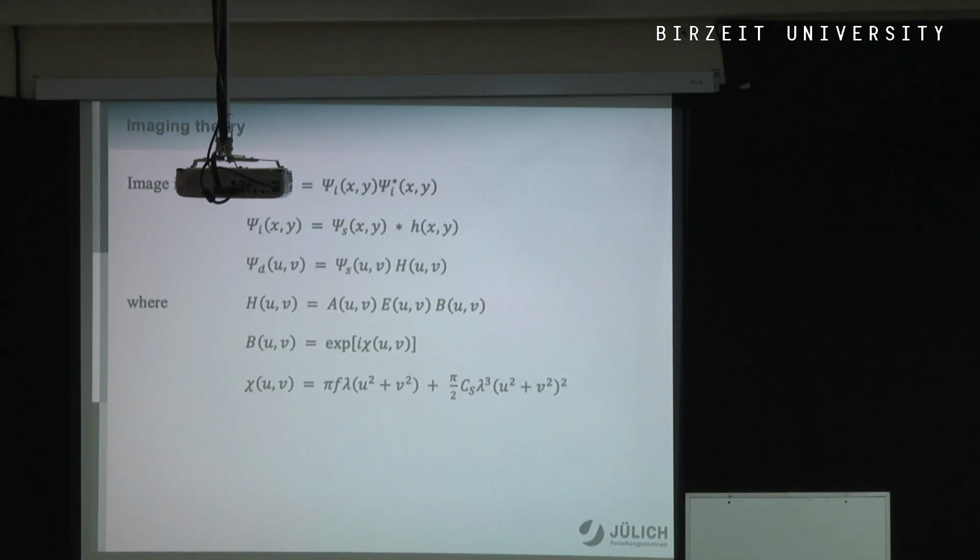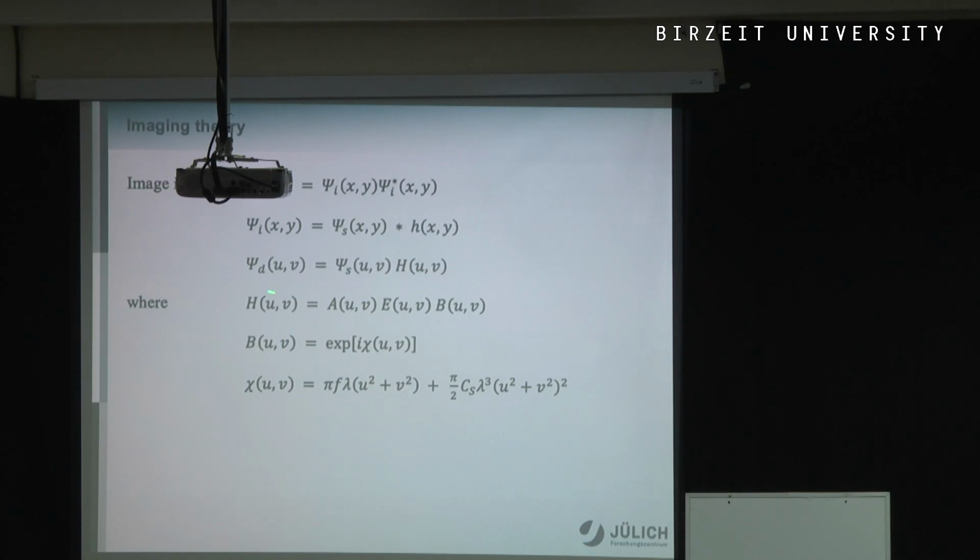The effect of aberrations, including defocus of the imaging lens, is to introduce a type of blurring or point spread function. And that point spread function can be described by a convolution in real space, in the image, or equivalently, in the diffraction plane, in Fourier space, in reciprocal space, it can be described as a multiplication by the Fourier transform of this blurring function.